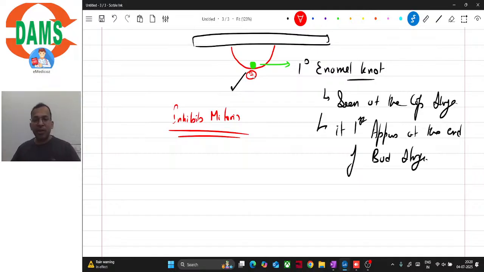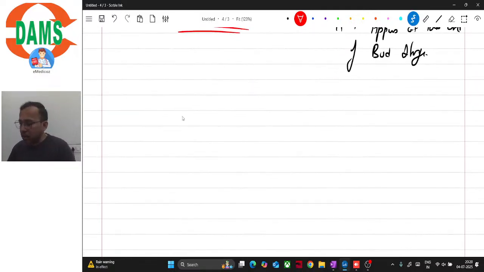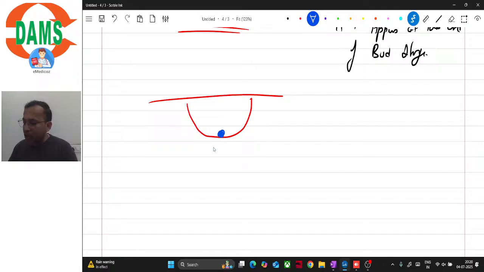So this was the bud, and the enamel knot appeared at this location. There would be no proliferation of cells at this particular area, but the rest of the bud will definitely show proliferation of cells. Cells would proliferate at all of these locations.